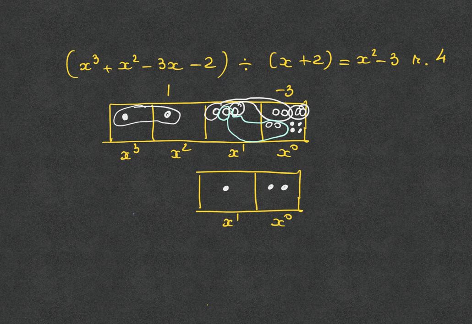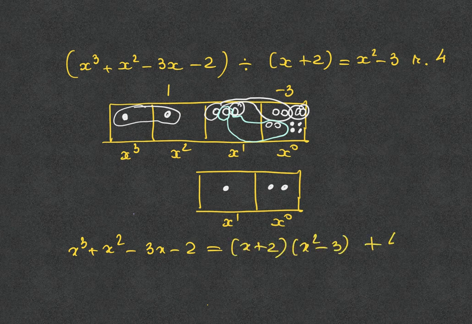Therefore, I can write x cubed plus x squared minus 3x minus 2 as being x plus 2 times x squared minus 3, plus 4. And that's a remainder. The remainder is 4. I put the focus on the remainder because you are going to see in our next lesson how we use it.